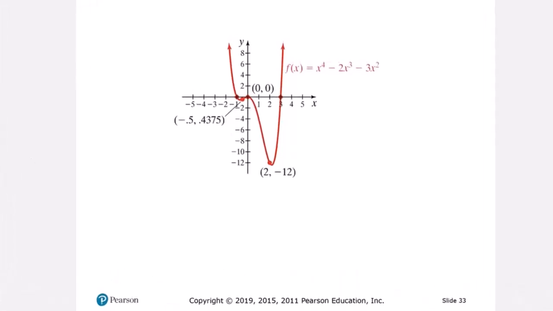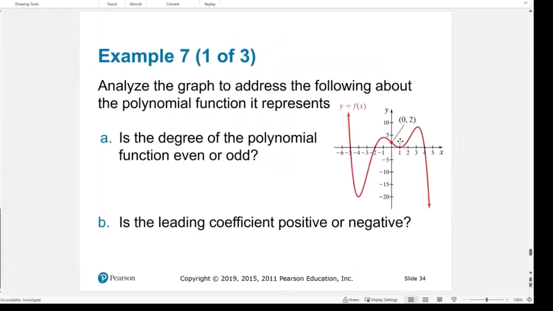They're very similar. They're giving us a graph, and they're asking us some questions about it. Given that we have a graph, is the degree of the polynomial function even or odd? Well, the end behaviors tell me if it's even or odd. And because the ends are going in opposite directions, it means it is odd.